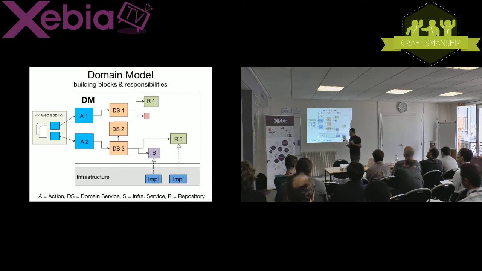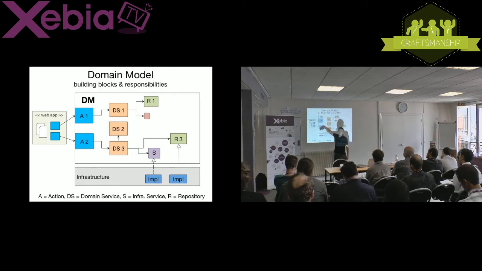So the way I see it is, when you have the domain model, you need to provide entry points. And that's what I call actions. In domain-driven design, this would be an application service. I prefer to call them actions. For example, you have a payment. You have some items in your shopping basket and you want to pay. So they represent the behavior of your application.